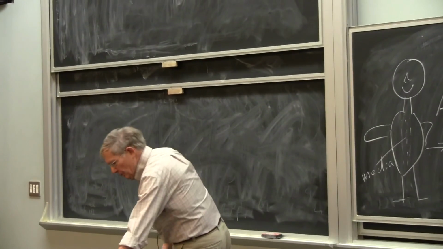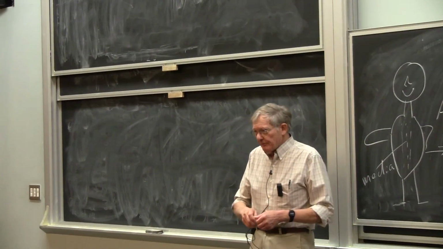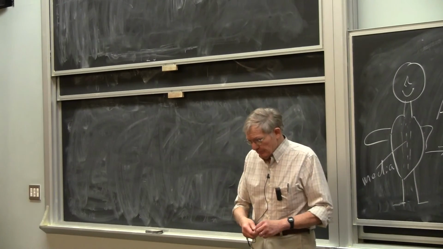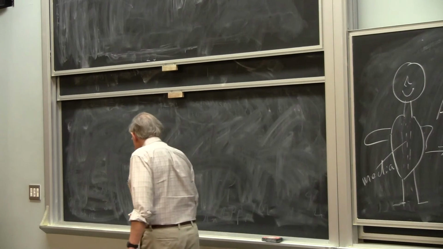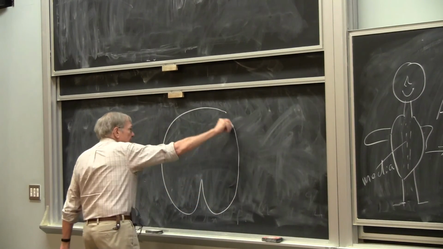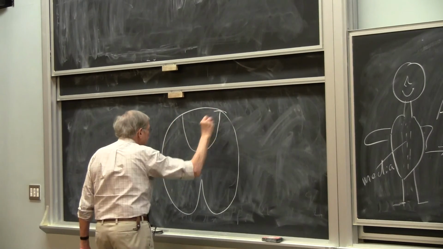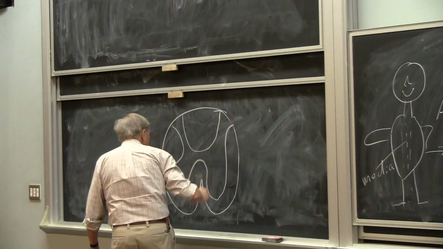And so we're going to start out by drawing a cross section through any mammal's spinal cord, just a cut right through the middle. And so everybody needs to learn how to draw a spinal cord. And so we draw a spinal cord like this. And we have a spinal cord.